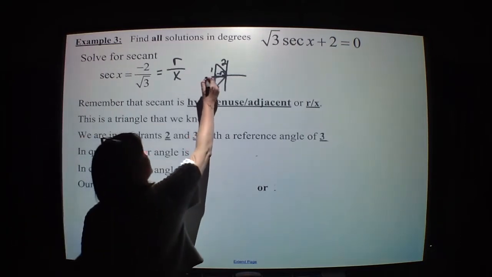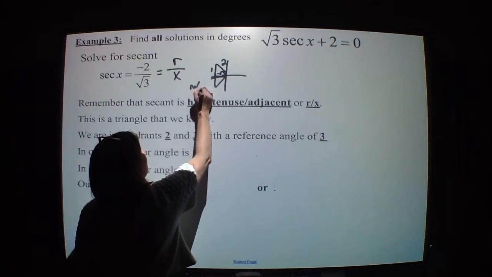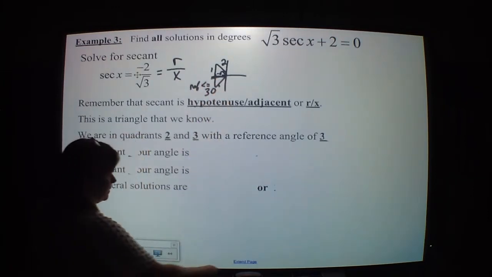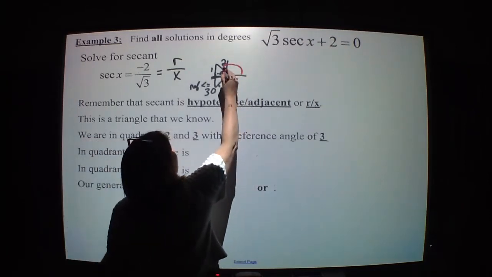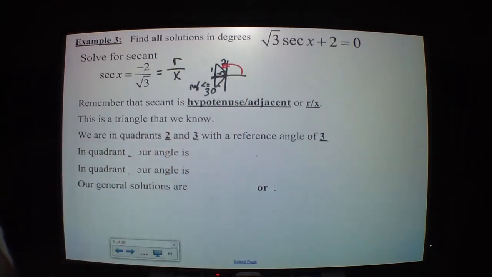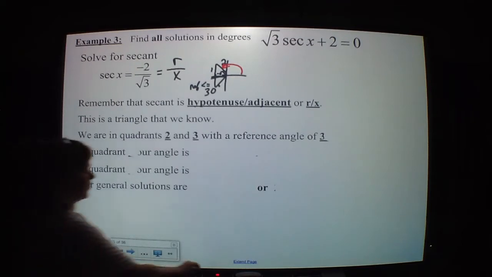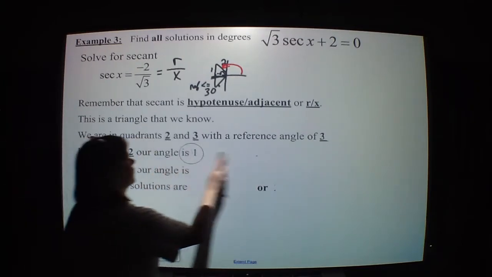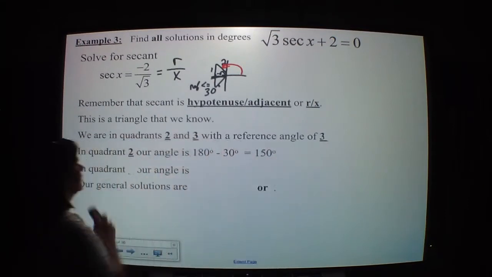Reference angle. The reference angle is 30 degrees. So the second quadrant angle, the first one I want to do, would be 180 minus 30, which is 150 degrees.